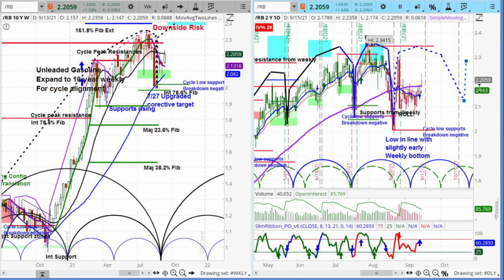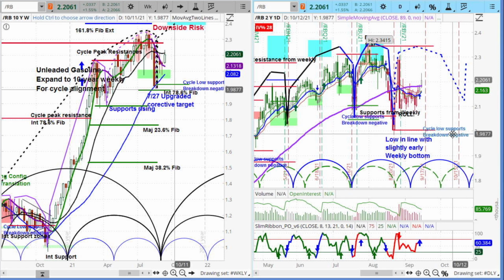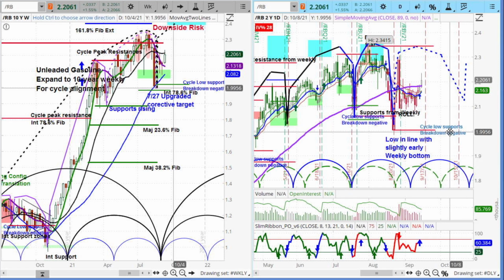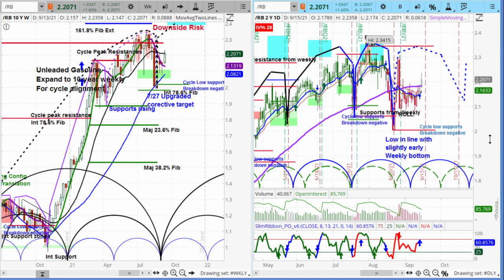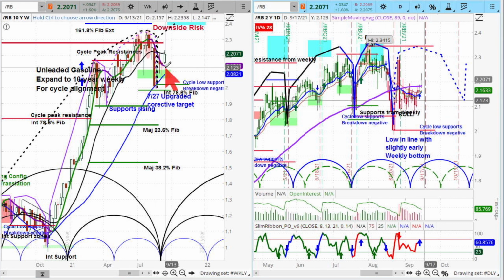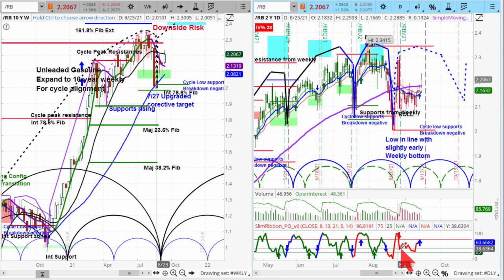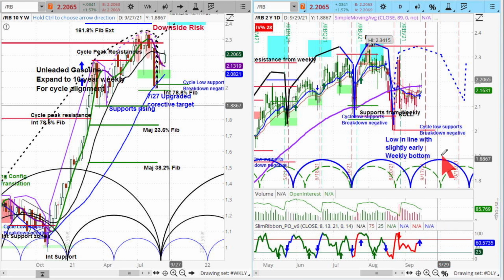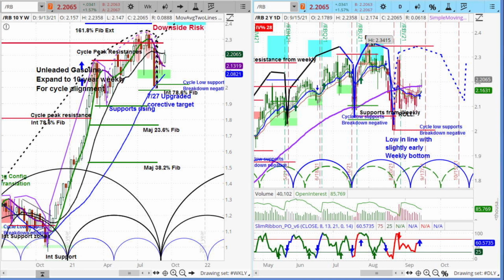The only way that changes is if you break the cycle supports down over here, and that would then give you a warning that something is very different on the intermediate. I want you to note, while light crude has turned up on the momentum, gasoline has not. In this case, the gasoline, which has been in negative momentum in the short term, has now neutralized. So gasoline is a little weaker than the oil market when you see that.